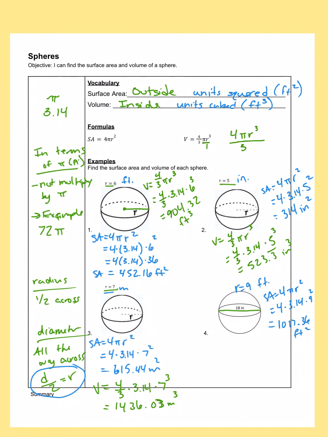And for our last one, we already found our radius. Remember, we had to take the diameter and divide by 2. So we did 18 divided by 2 to get our radius of 9. So then for the volume, it's going to be 4/3 times 3.14 times 9 to the third.